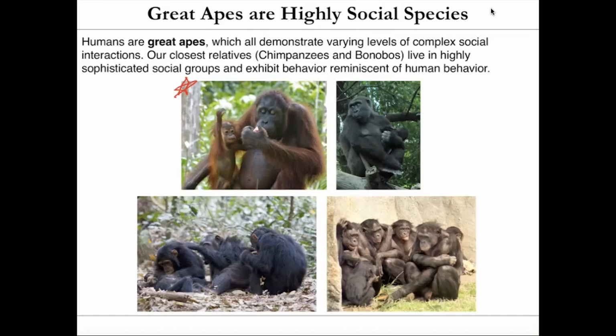And within these groups, you can form complex alliances, like coalitions. Just think of alliances like on Survivor or something like that. But it is extremely complex. So even if you're a lower ranking male, that can actually be beneficial for sexual opportunities and stuff like that, because no one's really paying attention to you. You can kind of sneak in there.